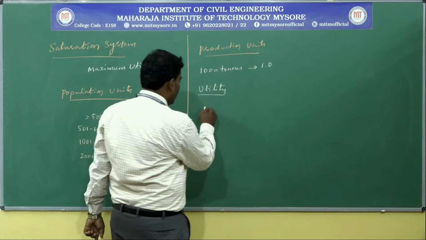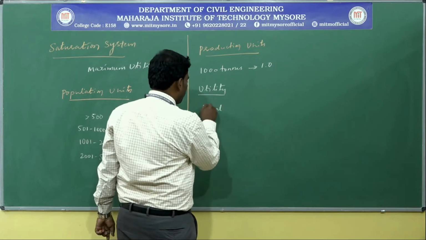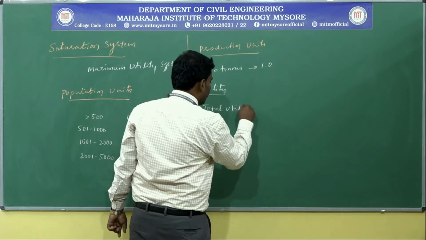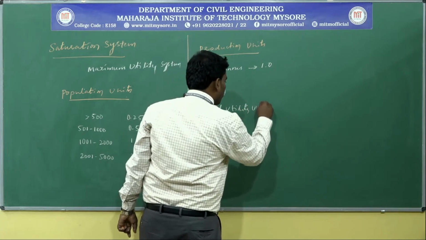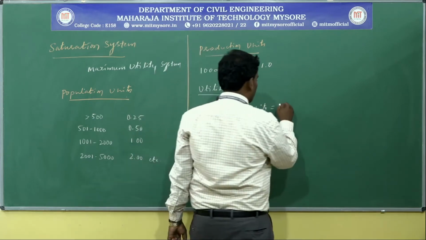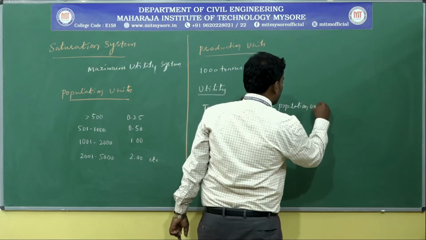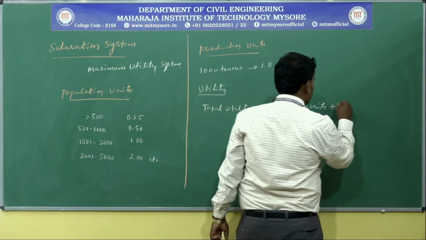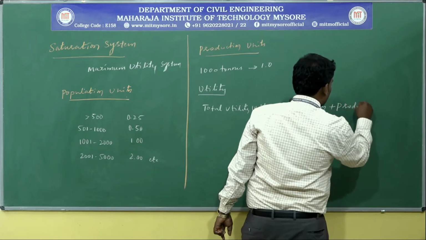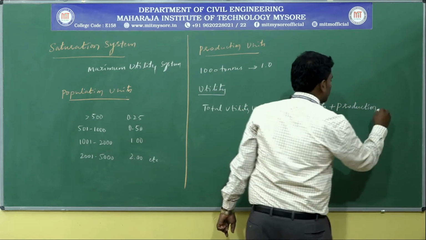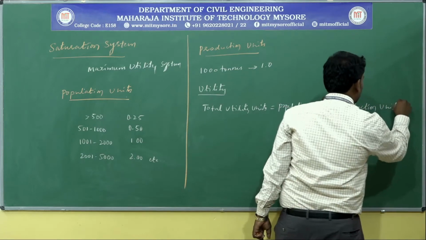Total utility units is equal to population units plus production units.